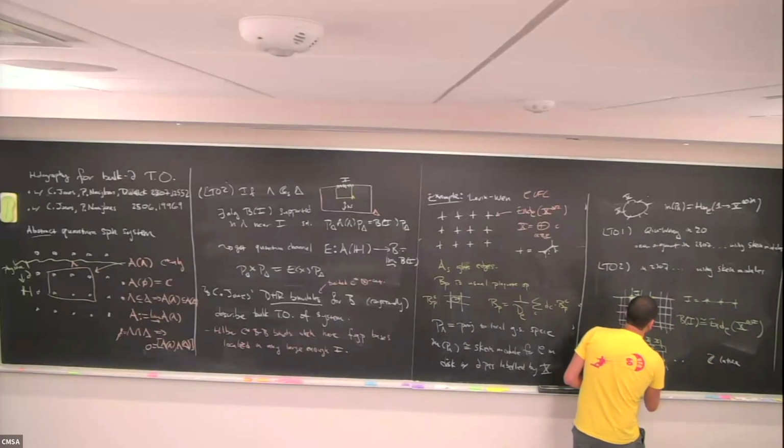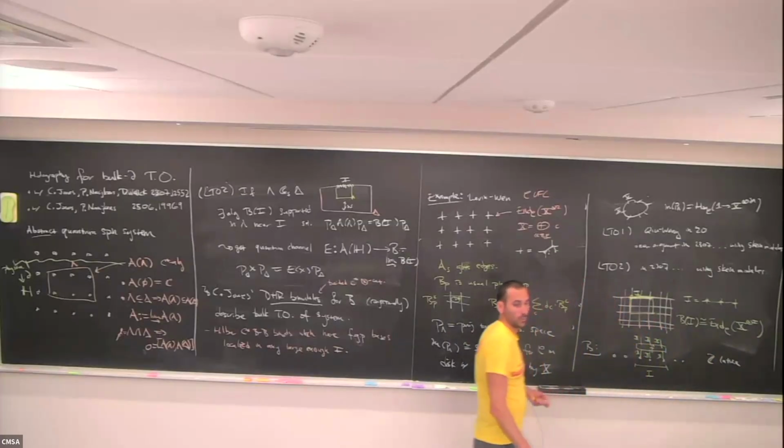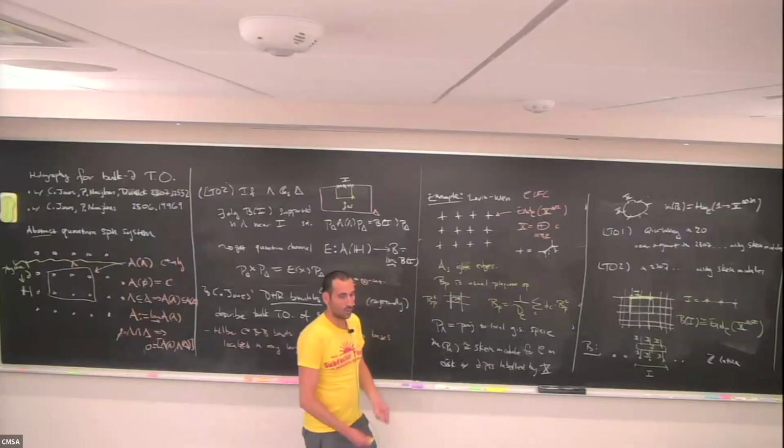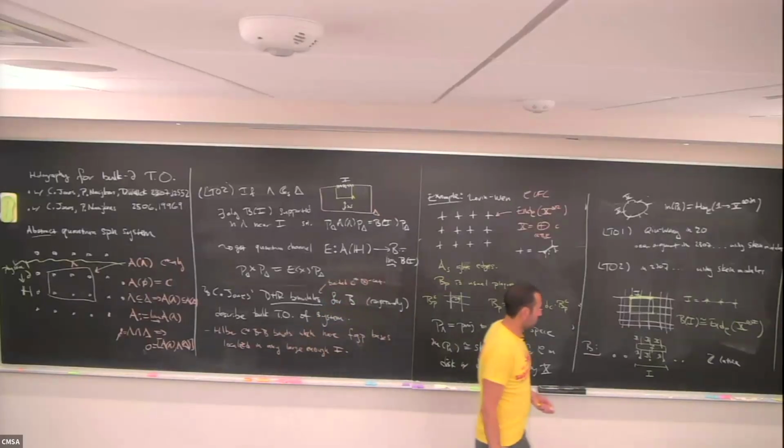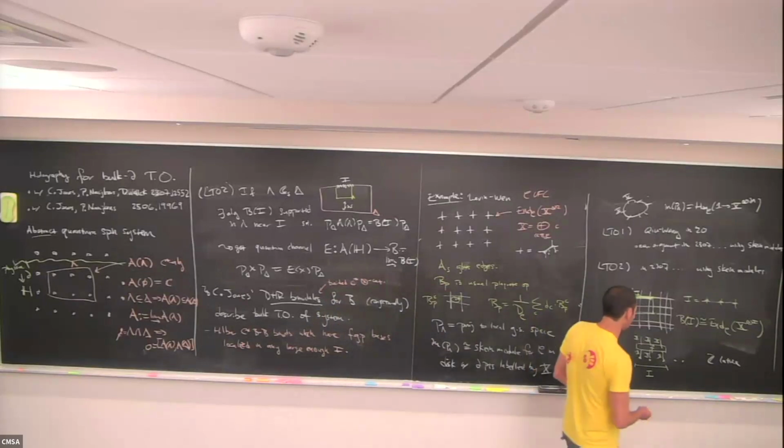Here I'm using the graphical calculus for unitary fusion categories. And they include into larger ones just by tensoring with identity strands, okay? And this is what's called the fusion spin chain.